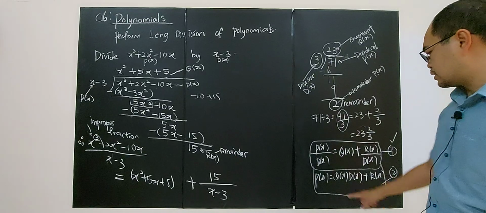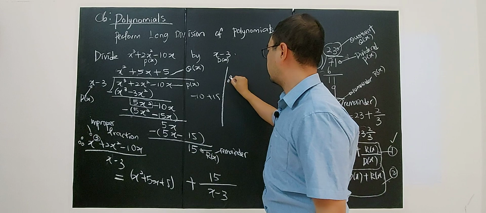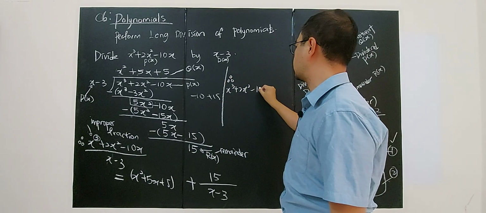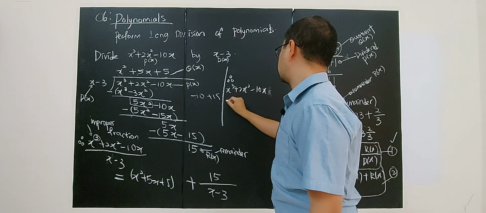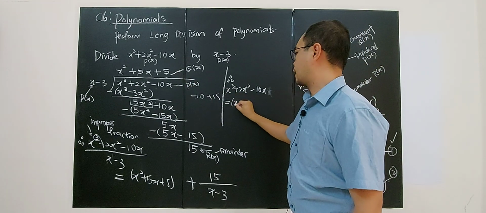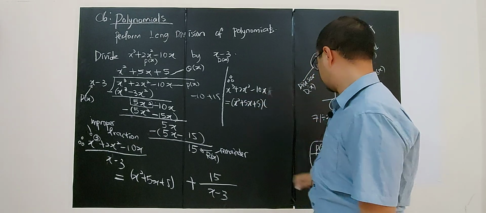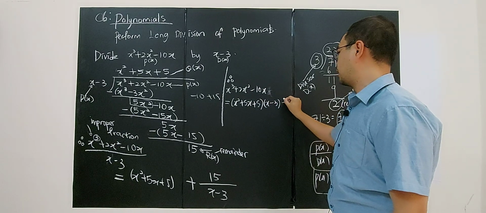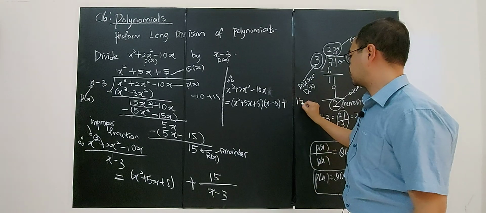This second form is p(x), right? Therefore, your p(x), x cubed plus 2x squared minus 10x, is equal to the q(x), x squared plus 5x plus 5, times d(x), which is x minus 3, plus your remainder, which is 15.